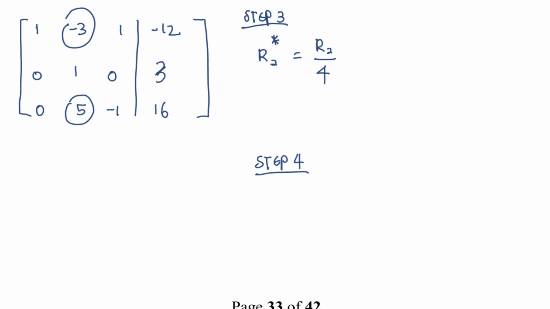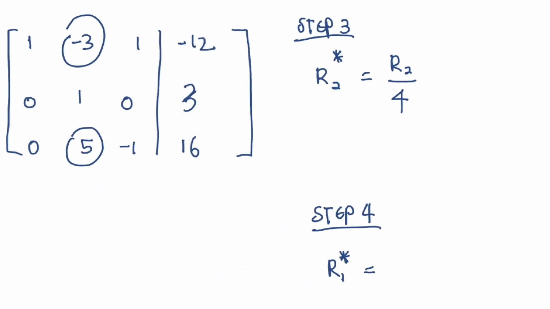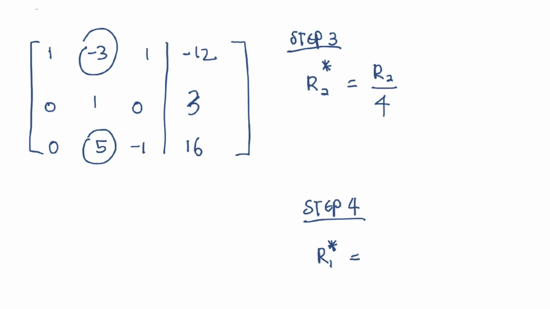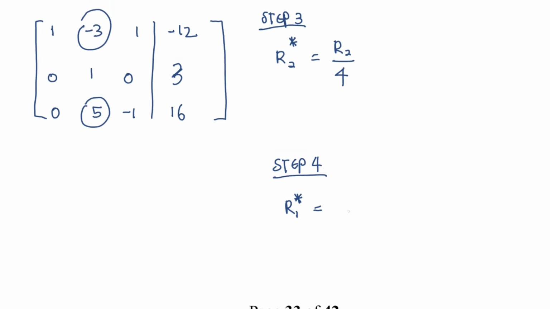Step 4 is the elements above and below the elements of the leading diagonal, which you want to obtain into 0. So the new row 1 will be the original row 1 plus 3 row 2, and the new row 3 will be the original row 3 minus 5 row 2.